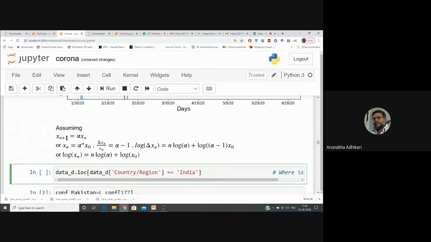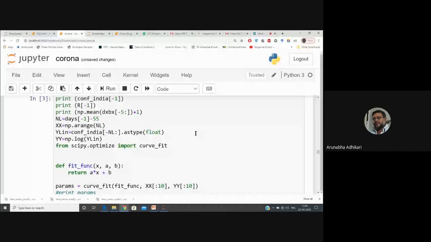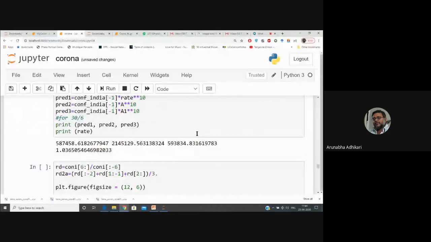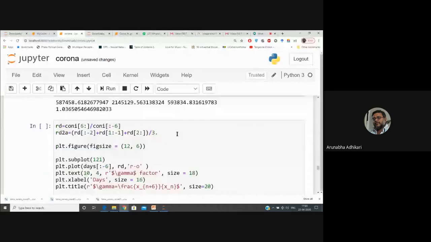I just got the ratio xn plus 6 by xn. That is very easy if you do it with Python, just shift it and divide it. I just shifted by six places and divided the whole thing, and I plotted that.